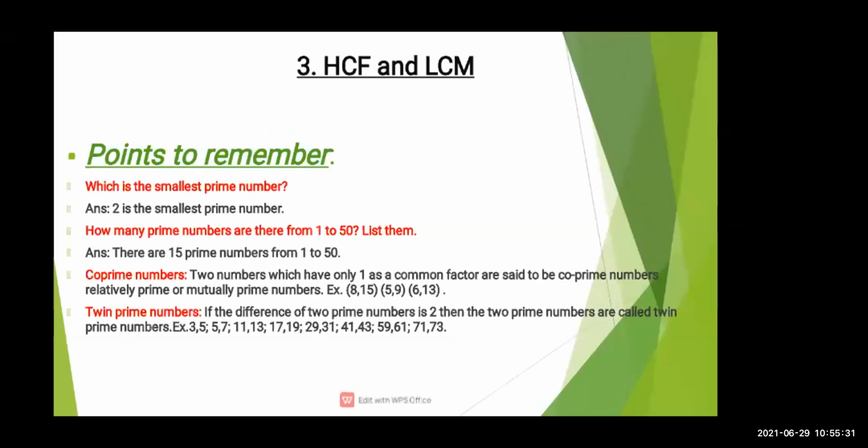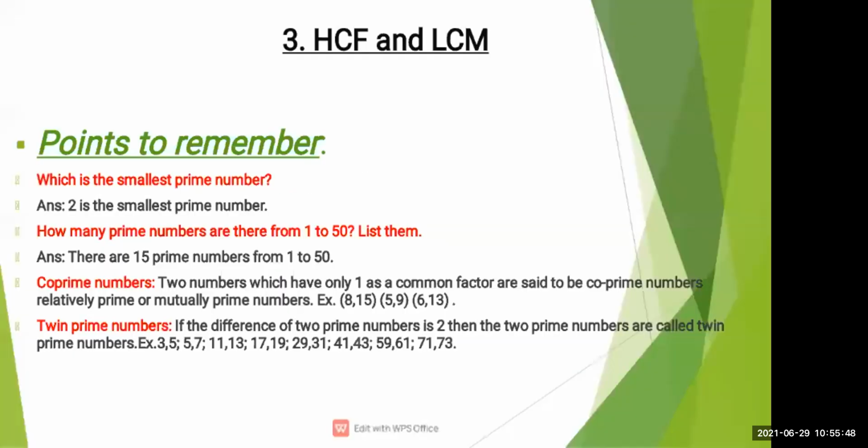Okay. Now the last part is our twin prime number. Now what is twin prime number? See, twin prime number means if the difference of two prime numbers is 2, then those two prime numbers are called twin prime numbers.